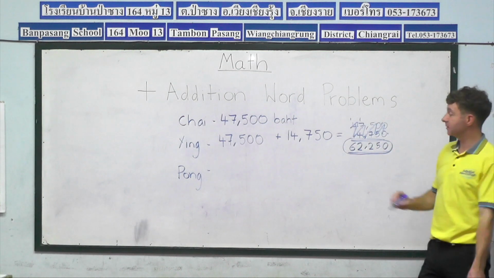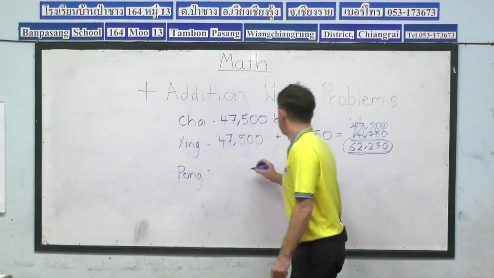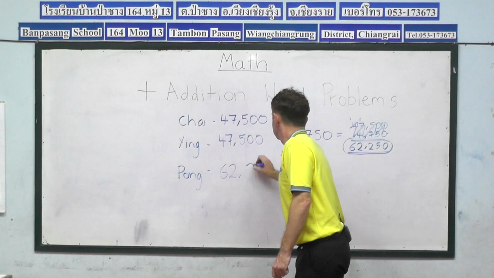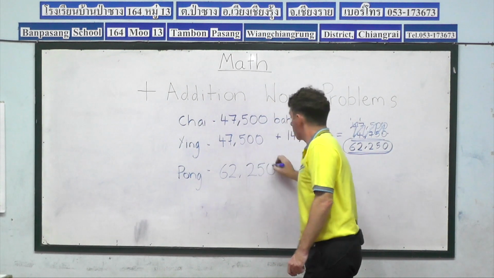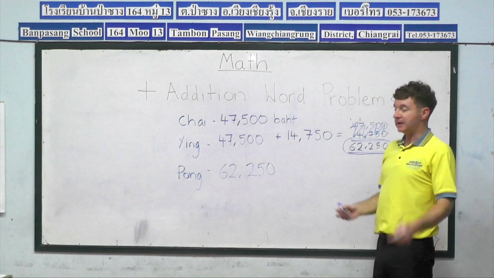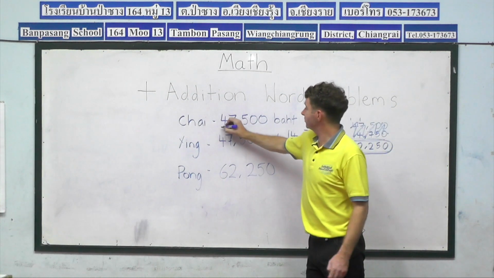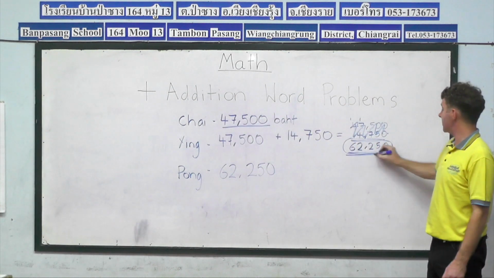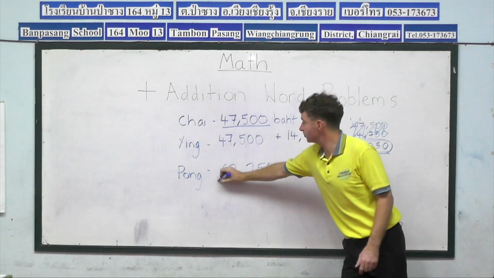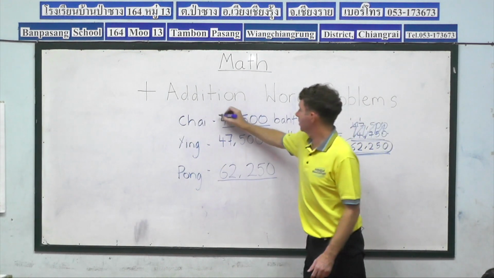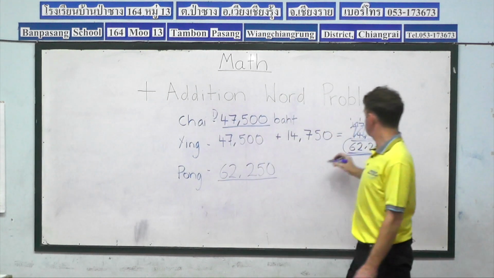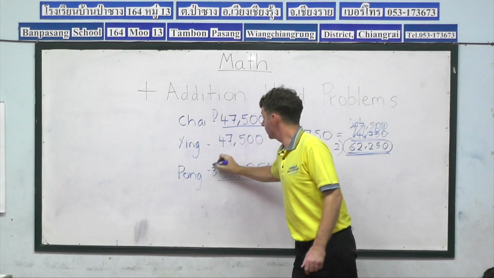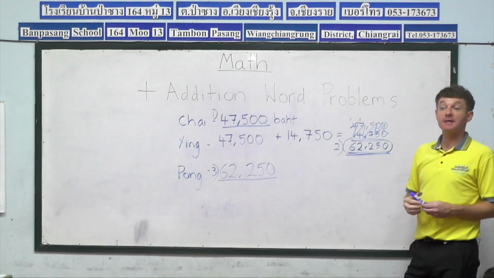And then Pong has the same as Ying. So what we need to do is take how much Chai has, how much Ying has, and how much Pong has, 1, 2, 3, and add them together.